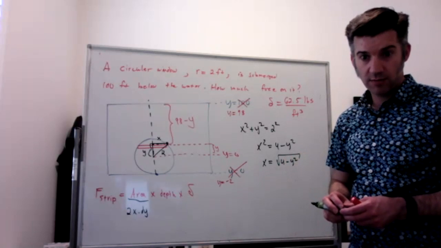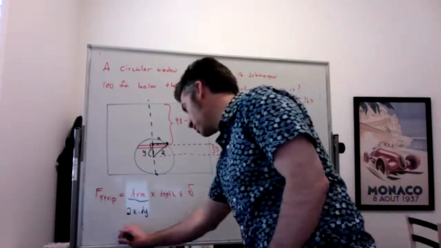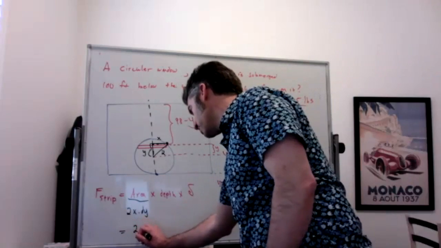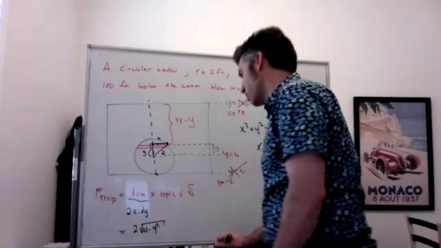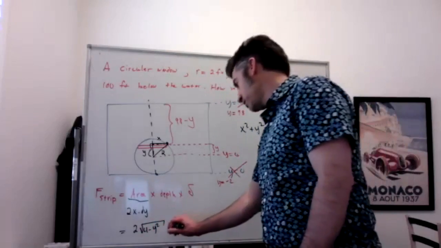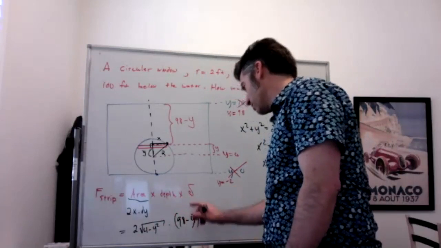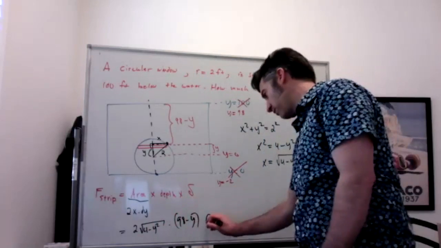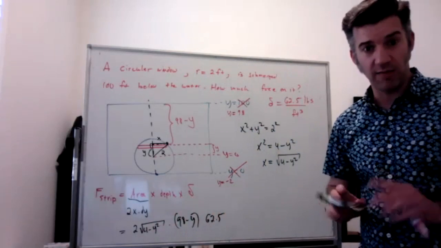Okay, so now what? Well, the force on my strip is equal to 2 times the square root of 4 minus y squared, times the depth, which is 98 minus y, times the density, which is 62.5. How are we feeling about the setup?